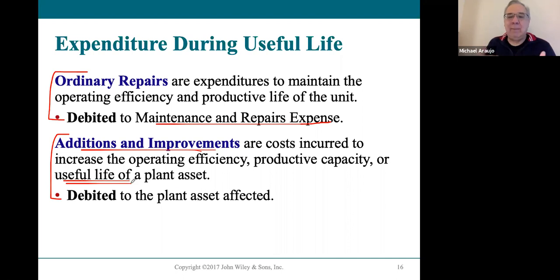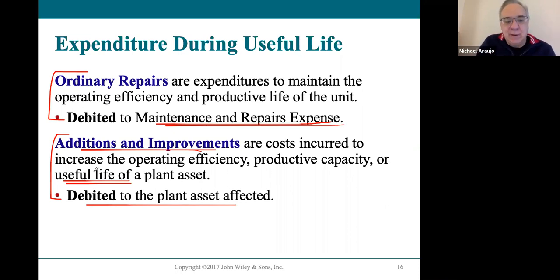And so whatever money we spent will be debited into the equipment account for that truck. It will not be expensed as maintenance and repair. It's actually going to be debited directly to the asset. So that's the difference. This is also called a capital expenditure, whereas an ordinary repair is simply called a revenue expenditure. So that's how it's related earlier to that slide.